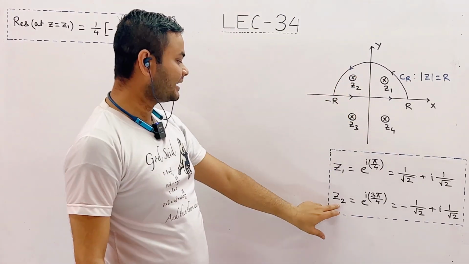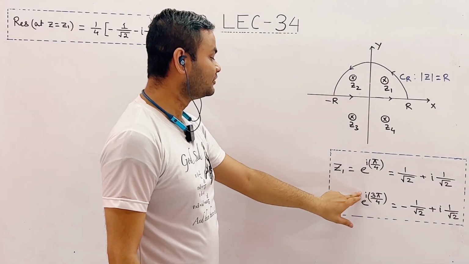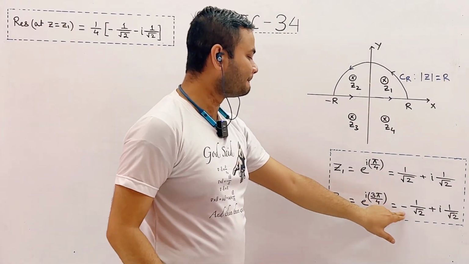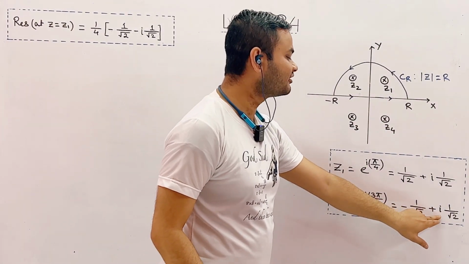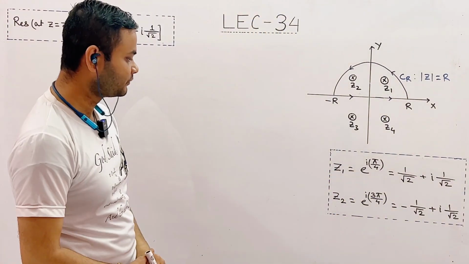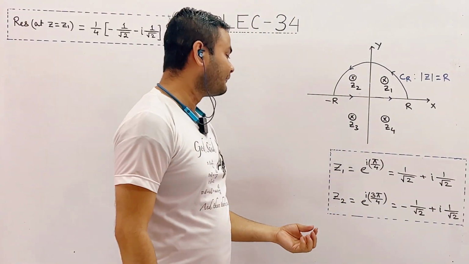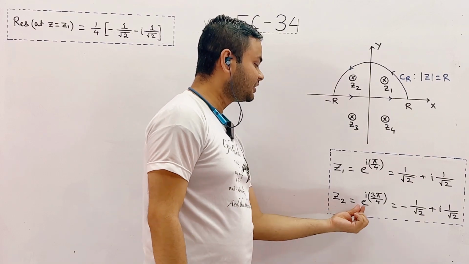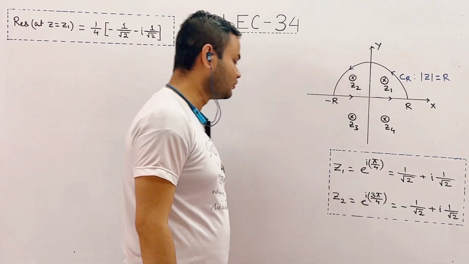In our case, z2 is e to the power iota into 3 pi by 4, or minus 1 by root 2 plus iota into 1 by root 2. For simplicity, I am going to consider z2 as e to the power iota into 3 pi by 4.